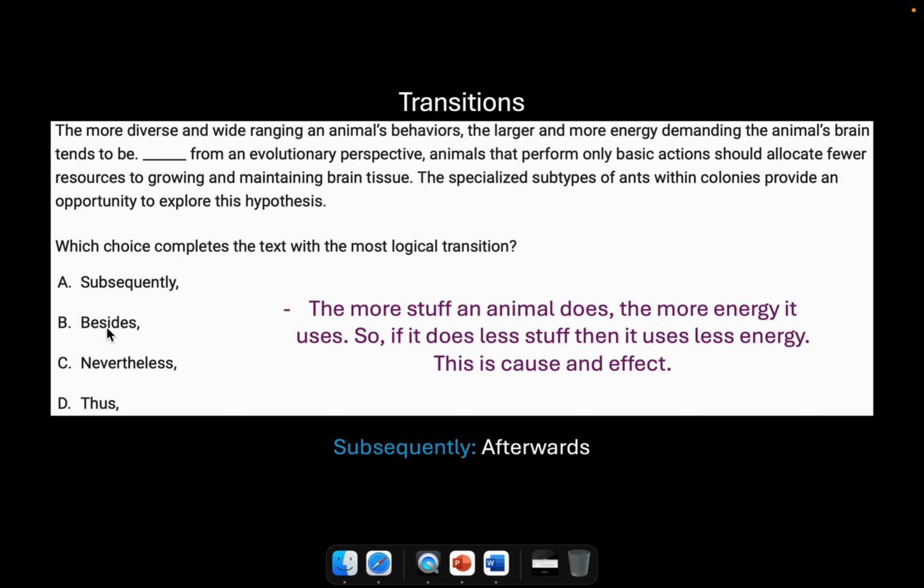So as a direct effect of that, if it does less stuff, then it uses less energy. So it's similar. So choice B is also wrong. C, nevertheless, it's contrasting. We already know this is wrong. D, thus. Thus is cause and effect. It means therefore, as a result. And yeah, it makes sense in this context.